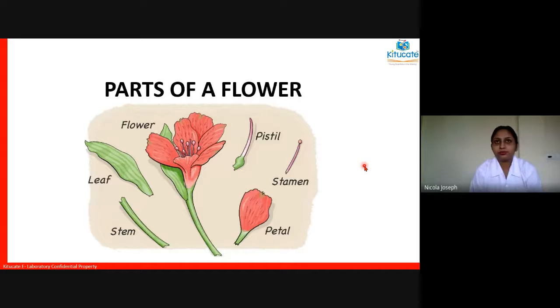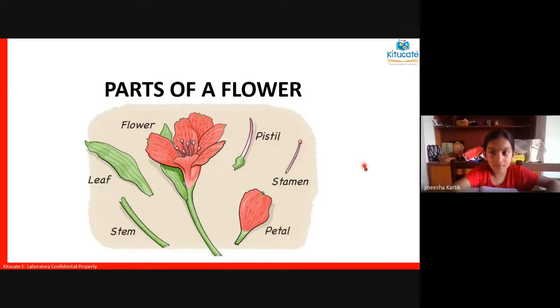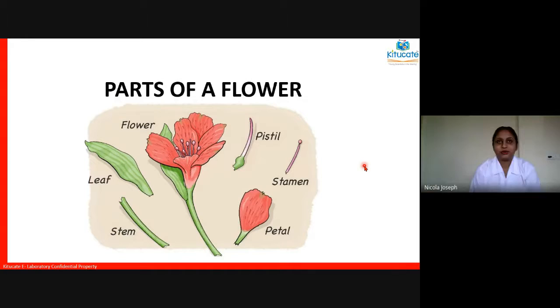What does the flower do? Anyone knows? It makes food from the nutrition. Okay, today we'll study about what the flower does and the different parts of the flower. Okay, all right. So we can move on to the next slide.